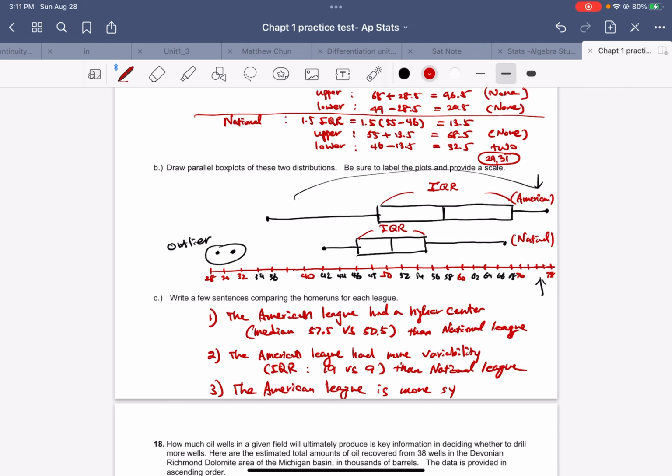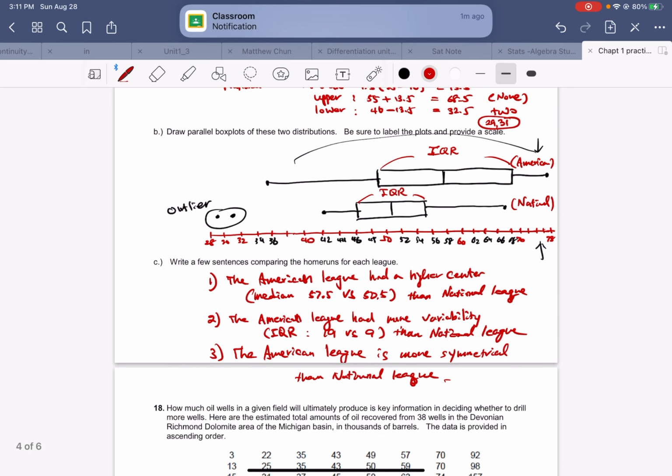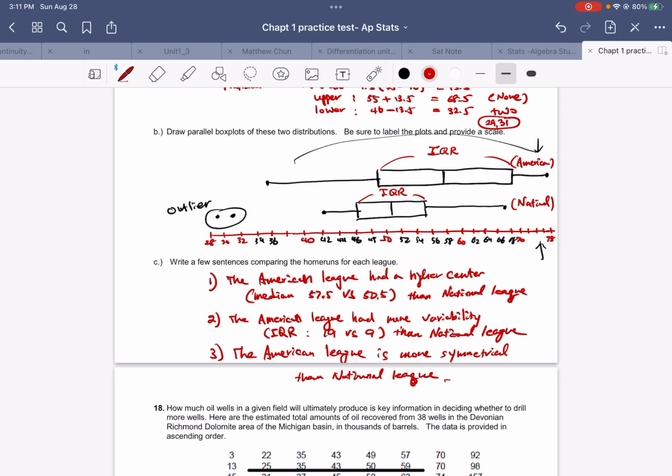Remember that I kind of crammed here. It's supposed to be longer, but this shows more symmetrical. Then National League. So that's what you're going to notice. It's more symmetrical, and then it had more variability, and also American League has a higher center.